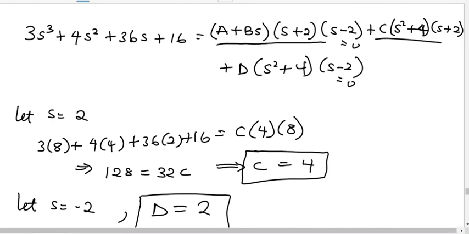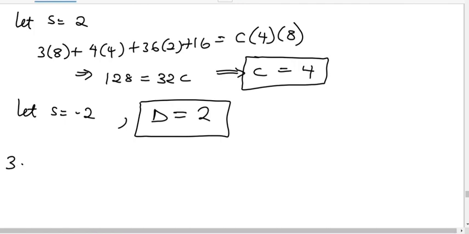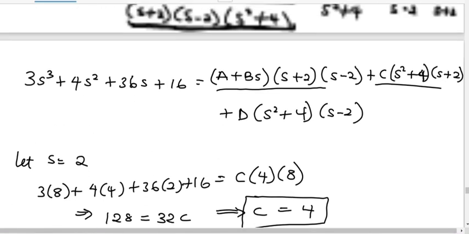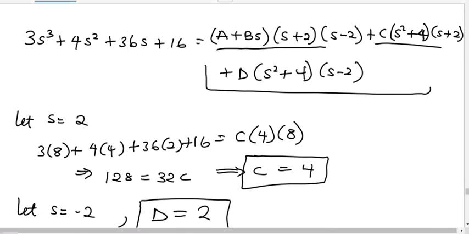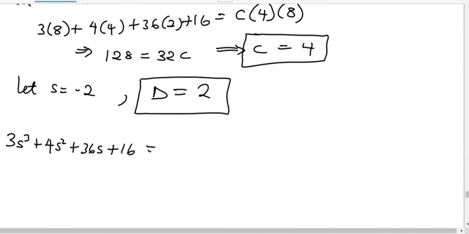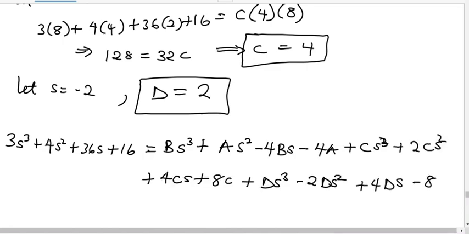If you multiply everything out, we're going to have bs cubed plus as squared minus 4b s minus 8d.